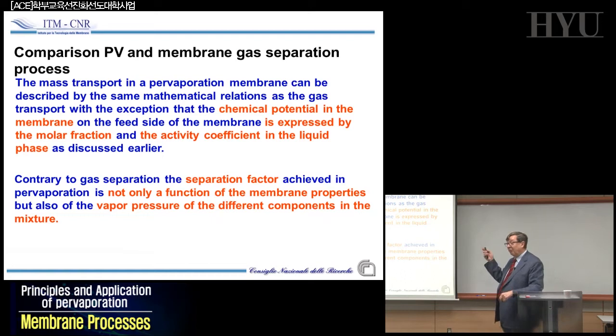This is true in traditional systems, but you can overcome this limit with membranes. For pervaporation, the problem of azeotrope does not exist, because you can separate using the permeation in the polymeric phase instead of the traditional phase equilibrium that you have in distillation.